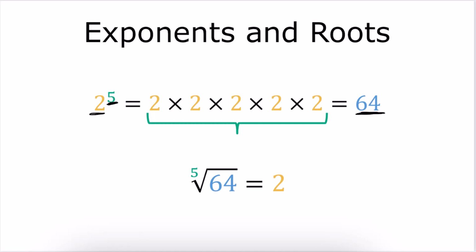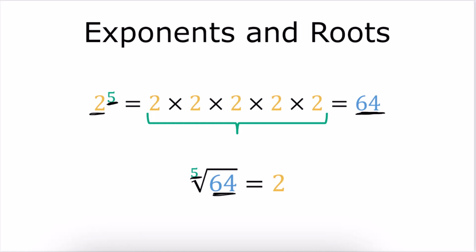And the inverse of exponents is the idea of roots. So a root is also a binary operation because you input the argument of the root, then you also input the type of root it is. So the most common one we work with is a square root, but there's also things like fifth roots or cube roots or fourth roots.